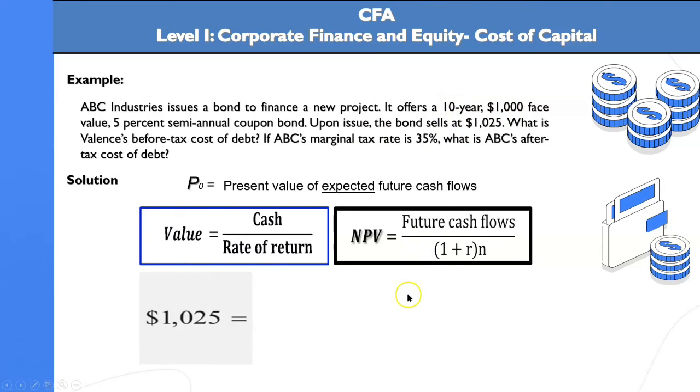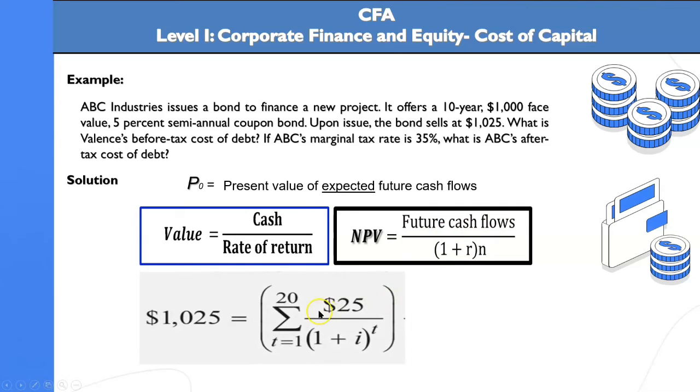Let us first calculate the present value of future interest payments that I receive every 6 months: future cash flows divided by 1 plus R, summed 20 times. While the years are 10, it pays twice a year, semi-annually, that means you get paid in June and December. So you will get 20 payments, not 10, starting from time 1.